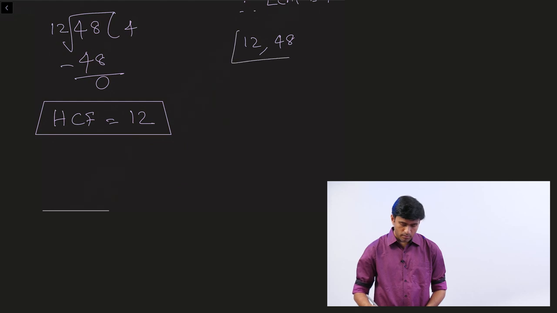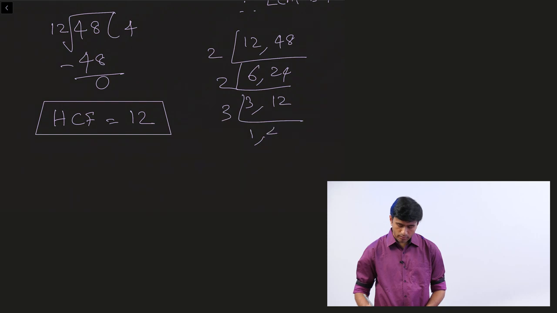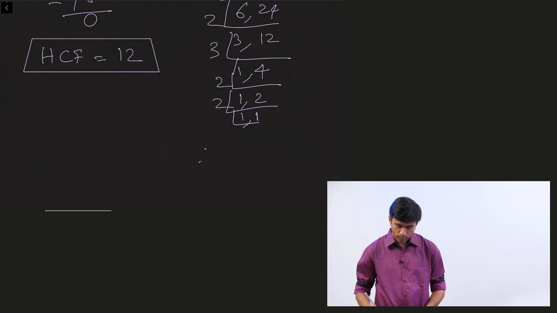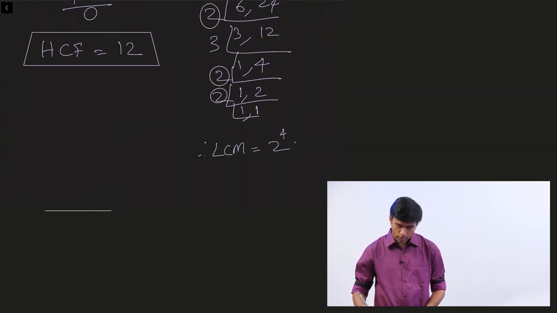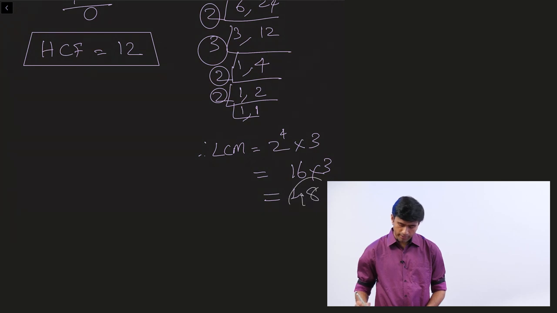Let's do the division by prime factors. 2 6s are 12, 2 24, 2 3s are 12, 3 1s are 3. Therefore LCM will be 2 to the power of 4 into 3, that is 16 into 3, that is your 48.